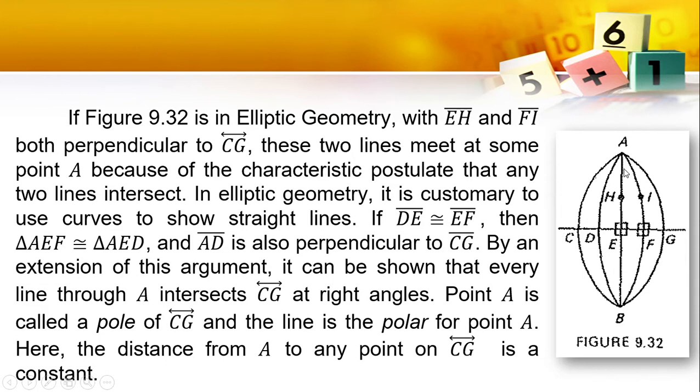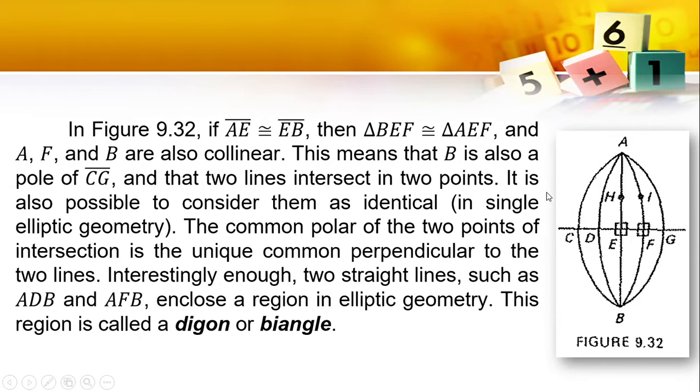Here, the distance from A to any point on CG is a constant. In figure 9.32, if line AE is congruent to line EB, then triangle BEF is congruent to triangle AEF.